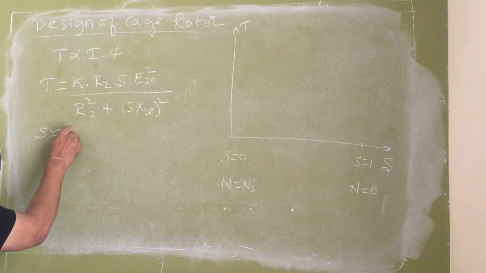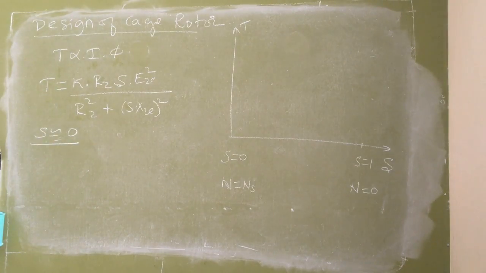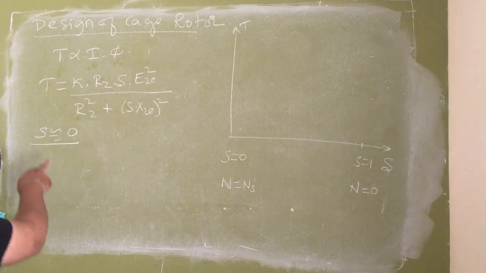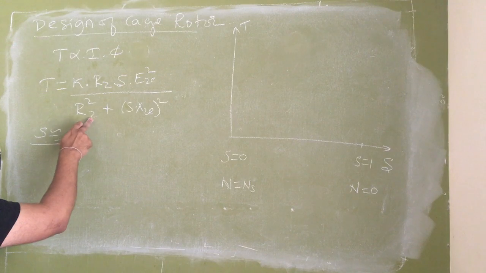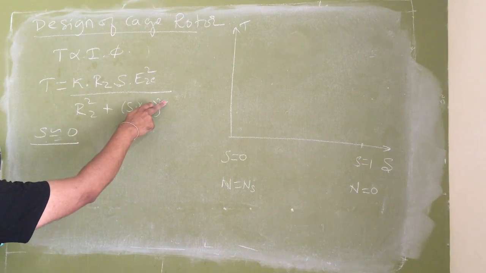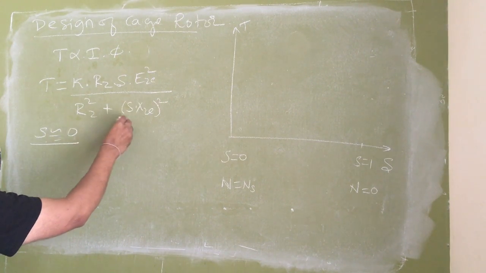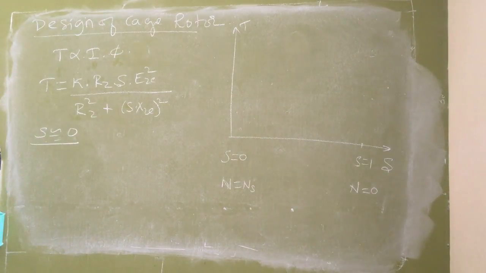S nearly equal to 0, not 0. I cannot make it 0, because if I make S 0, the study stops. When the motor itself is not rotating, what is there to study? So now S nearly equal to 0. Then R2 square plus S square x2e square becomes R2 square, because S is already very near to 0.